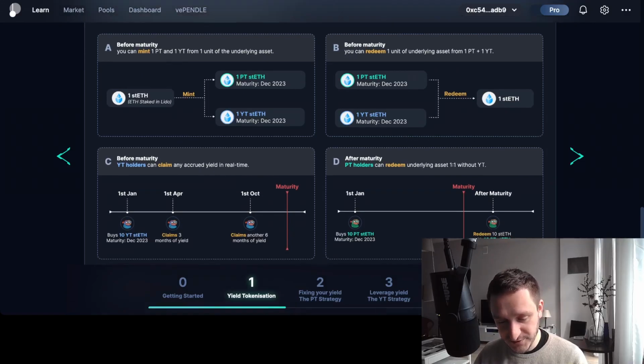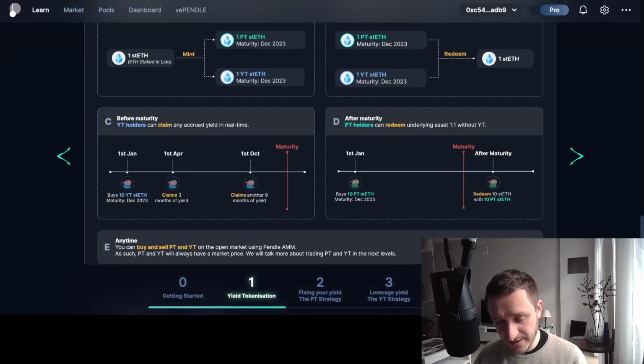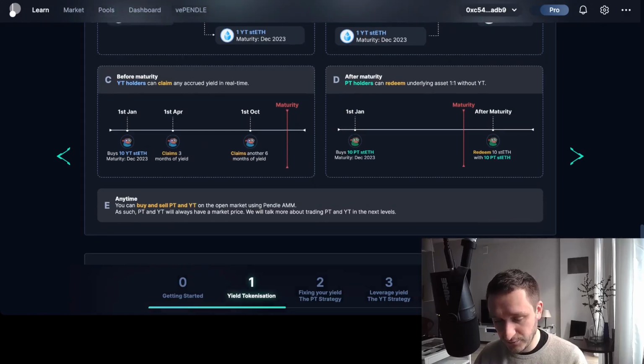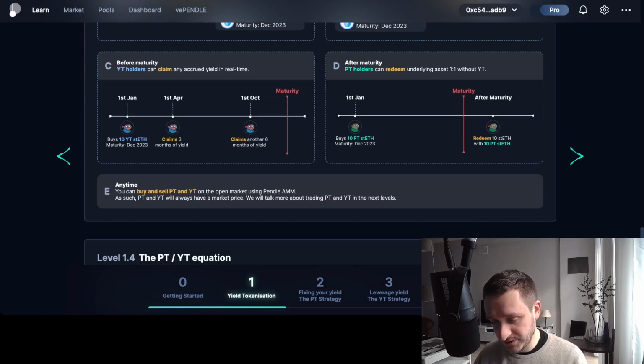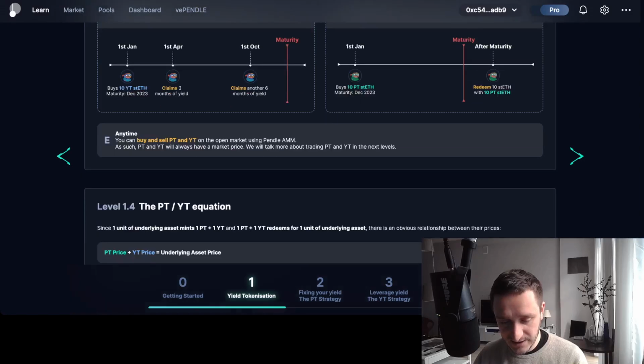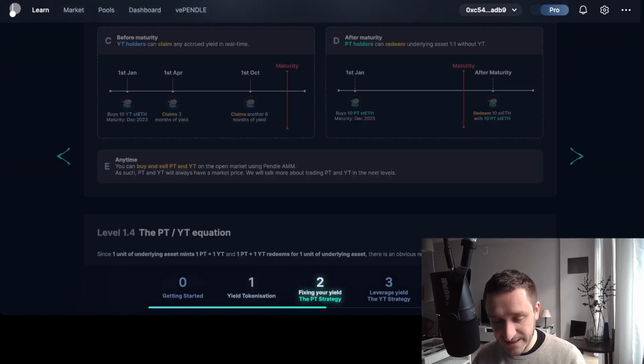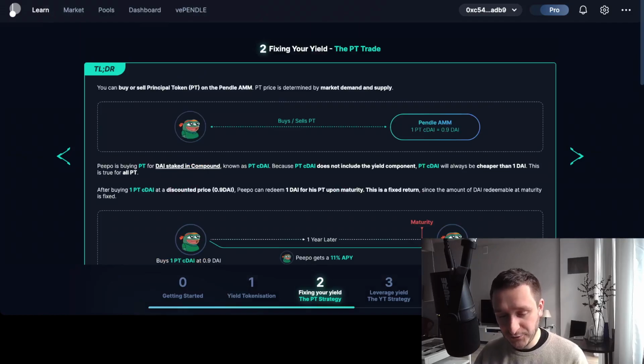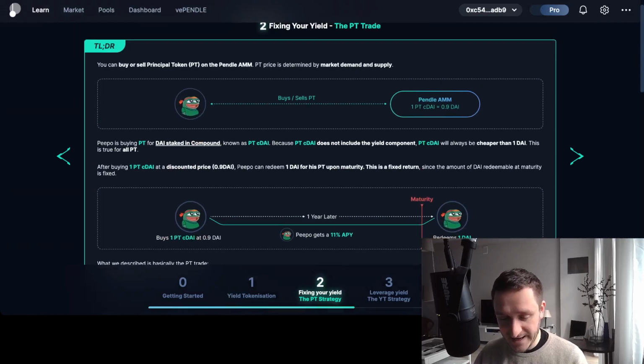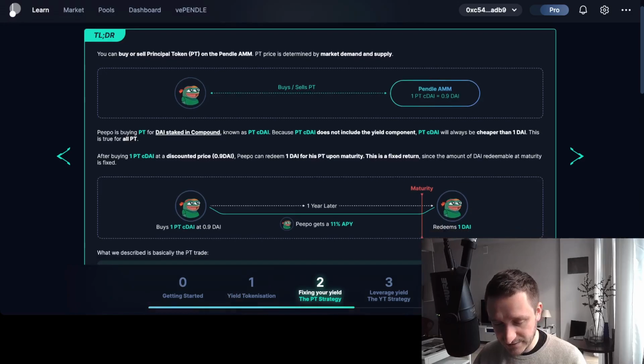Before maturity, you can mint, and you can redeem 1 PT for 1 stETH, and after maturity you can claim accrued yield and can redeem assets 1-to-1 for PT holders without the yield. So this is a good example. There's an equation at the end, and then in number 2, it's fixing your yield and how you can do PT trading.